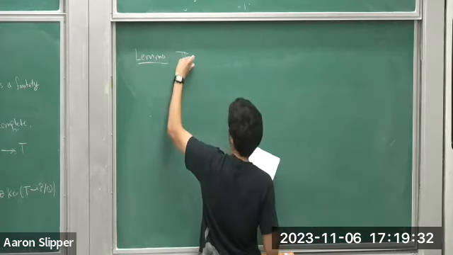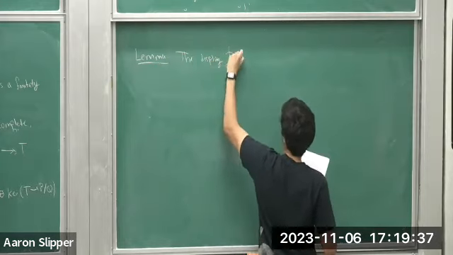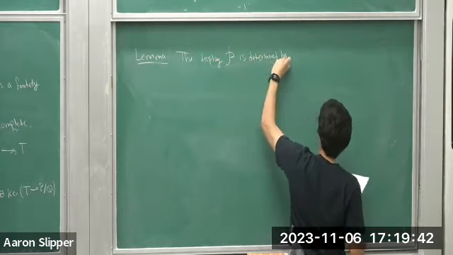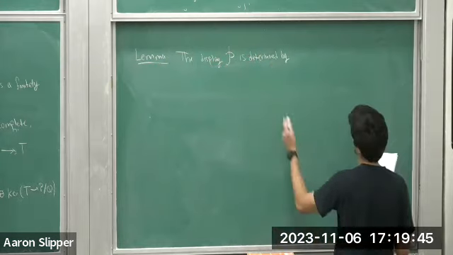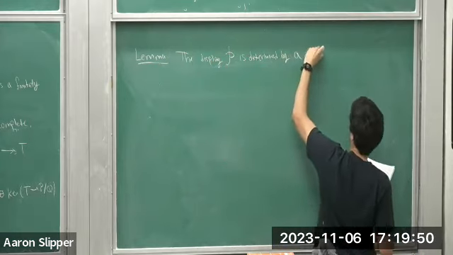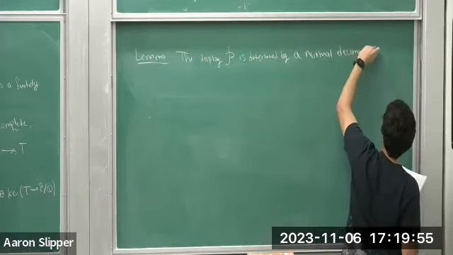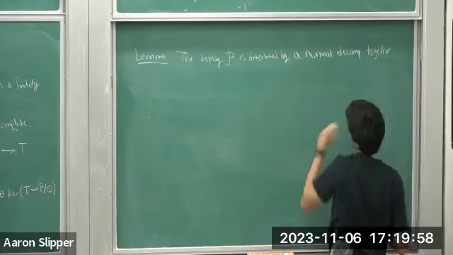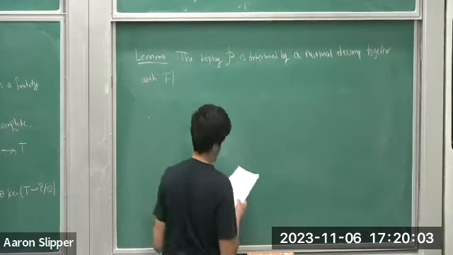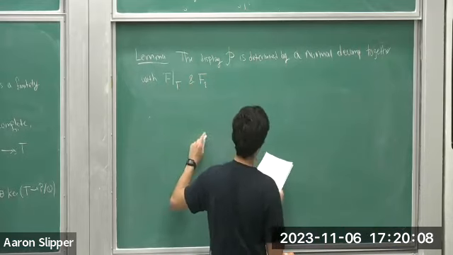So a display P is determined by its normal decomposition together with the restrictions of F and F1 to the normal decomposition: F restricted to T, and F1 restricted to L.